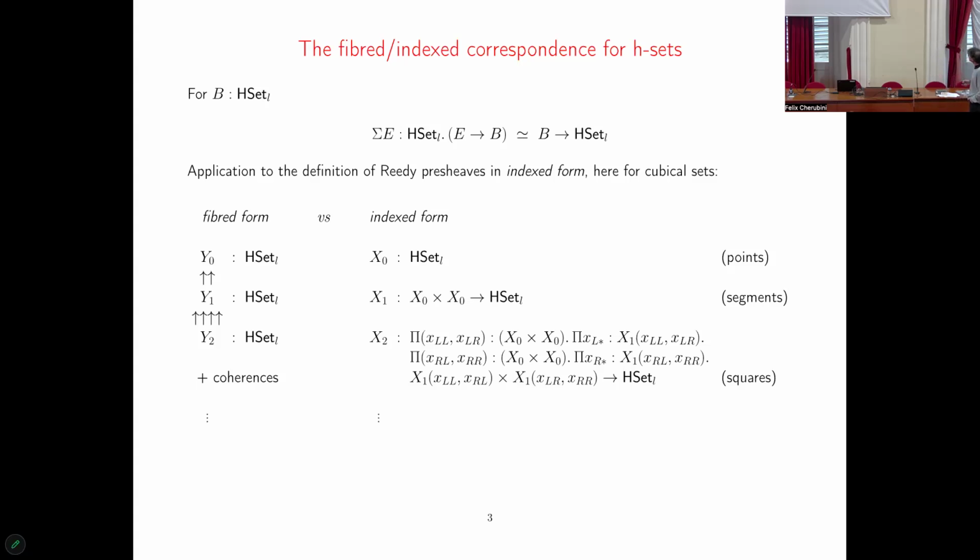As a side remark. What I called presheaves in fibered form, what people call presheaves in general, is a presentation like this, for instance for cubical sets, with a family of sets with maps. It's even semi-cubical sets in this case.